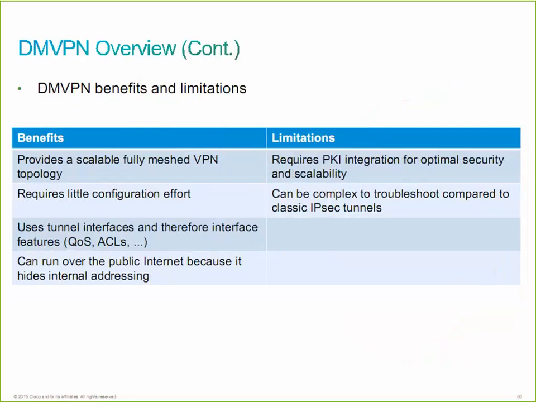Now, there are some excellent benefits to using DMVPN, but it does have some limitations. We'll talk about the limitations first, and then we'll talk about all of the benefits. All right? Number one, it requires public key infrastructure-based authentication. And that's primarily for the scalable spoke-to-spoke authentication that's required. That means that we have to implement PKI.